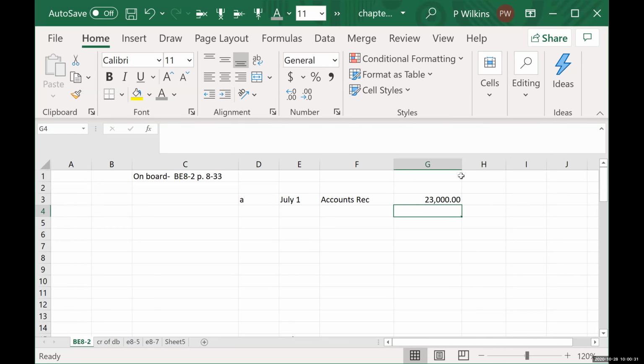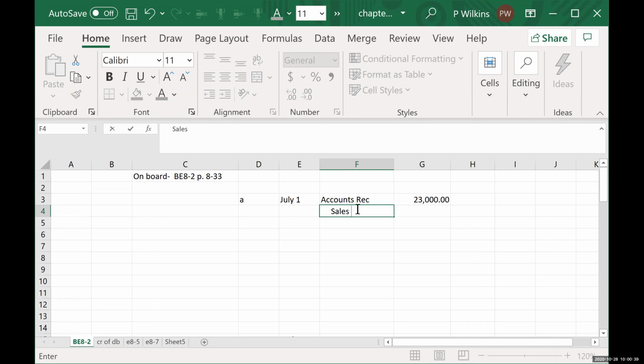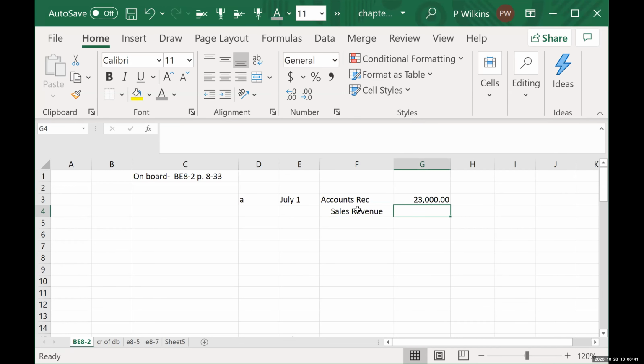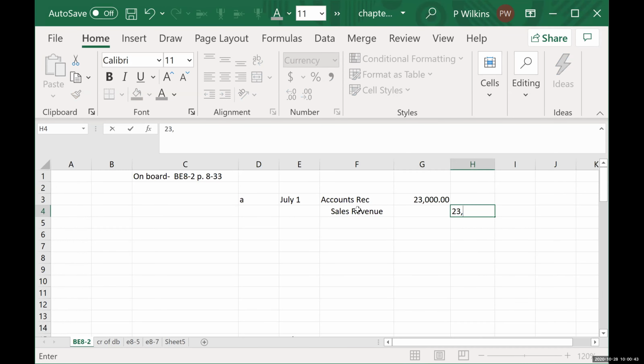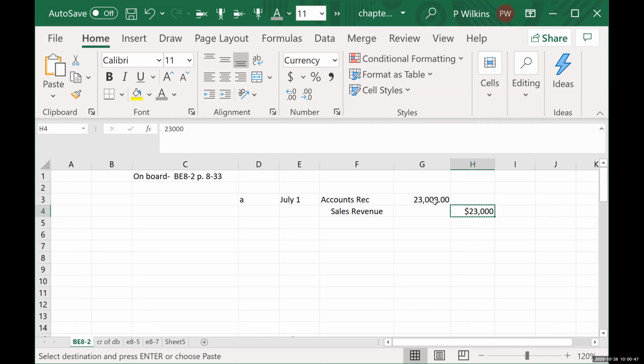And this says that it is for a merchandise. So we are going to credit sales revenue, not service, sales revenue for $23,000. Remembering that we are omitting cost of goods sold for this chapter only, okay?